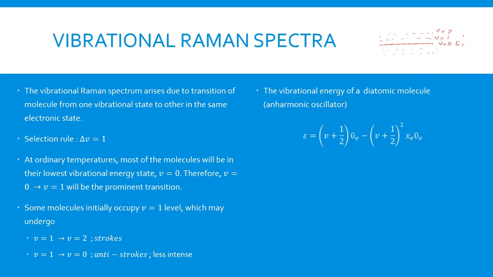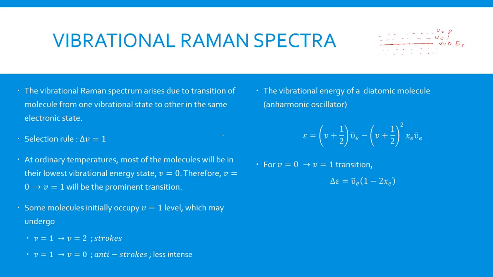The vibrational energies are given by E equal to (V plus half) ν̄e, where ν̄e is the wave number, minus (V plus half) squared xe ν̄e. The prominent transition, as we have seen, is V equal to 0 to V equal to 1.